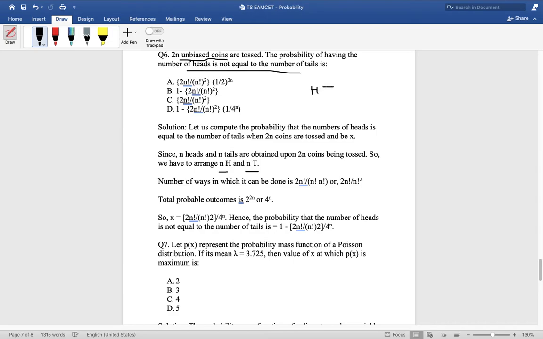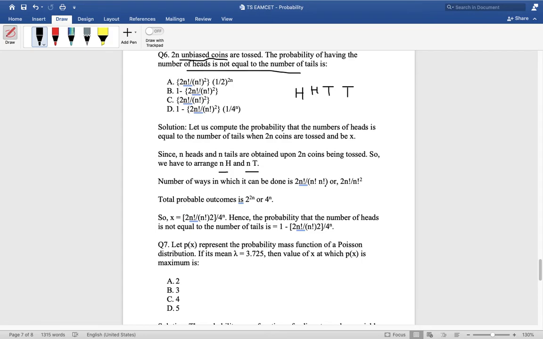If n was 2, then the total number of tosses would be 4, and 2 heads and 2 tails would have to be arranged, so HH and TT. So this can be done in how many ways? 4 factorial divided by 2 factorial into 2 factorial. Since I have to arrange n heads and n tails, total 2n, this can be done in 2n factorial by n factorial into n factorial.